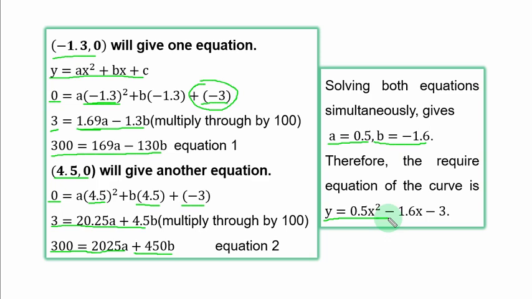That makes this term -1.6 s plus c, but c is -3. So that is the equation of the curve. Y equal to 0.5 s squared minus 1.6 s minus 3.